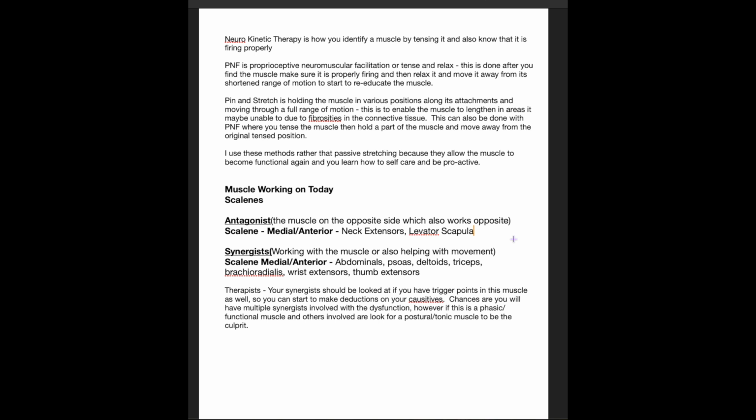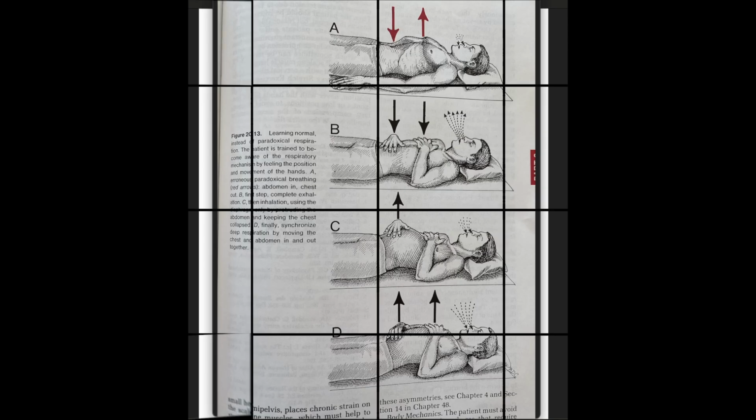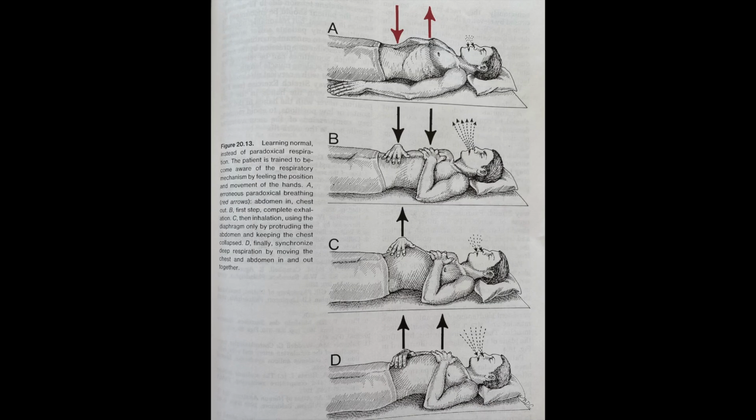And I'm going to show you a couple things that you can do now with some different exercises. So sometimes a scalene dysfunction can be from paradoxical breathing, when your chest is lifting up and your stomach is drawing in diaphragmatically with your breath.